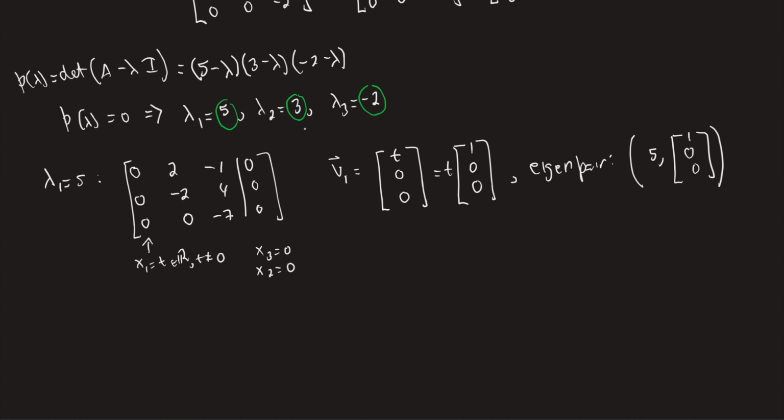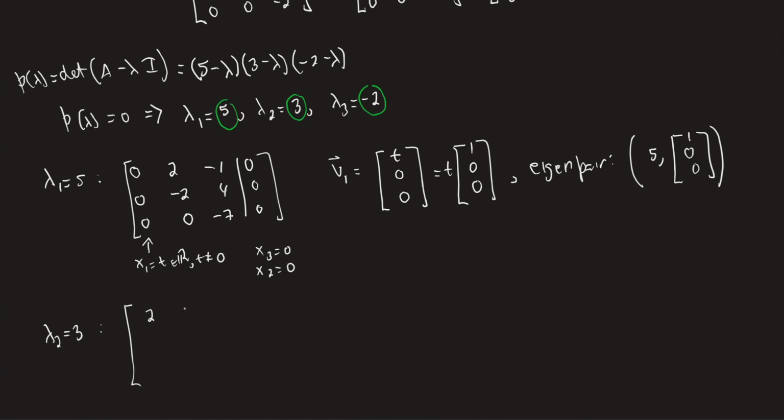We do that for lambda equals 3, so now our second eigenvalue. And again, remember what we're going to do is subtract 3 from the elements on the main diagonal, so let's do that.